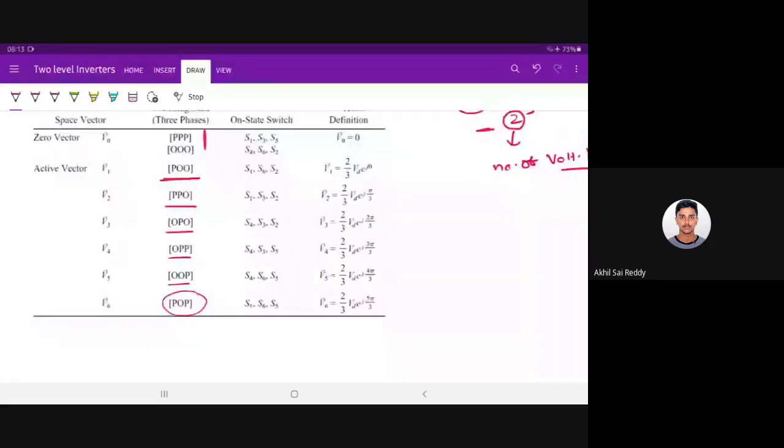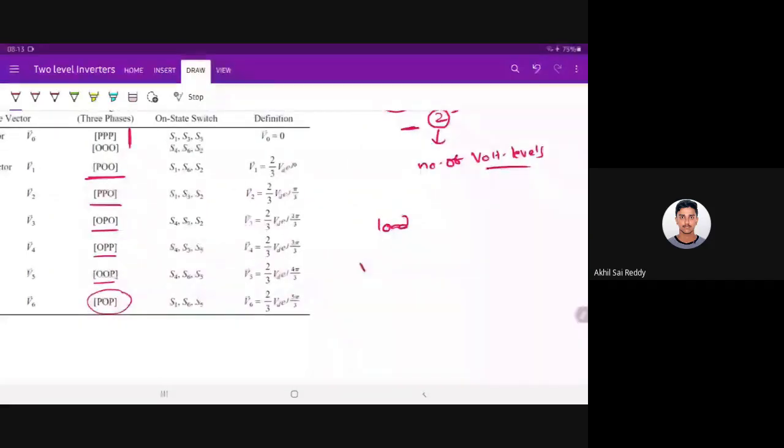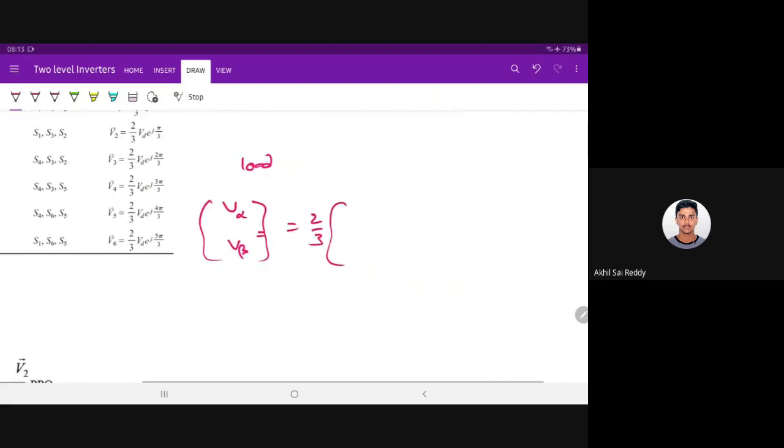So we converted the load phase voltages into the alpha beta reference frame, right? By using the alpha beta reference frame, we obtained V alpha and V beta. This is equal to some constant. We selected 2 by 3, and we assume that it's a balanced supply, therefore the V0 term is 0.